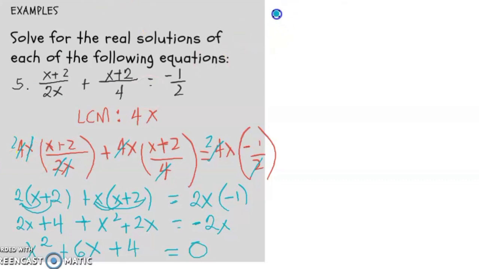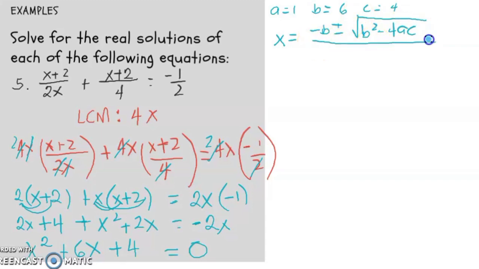So, first, let us identify the values of A. So, ang A natin is 1, B is 6, at si C is positive 4. So, using the quadratic formula, x is equal to negative B plus or minus square root of B squared minus 4AC all over 2A.